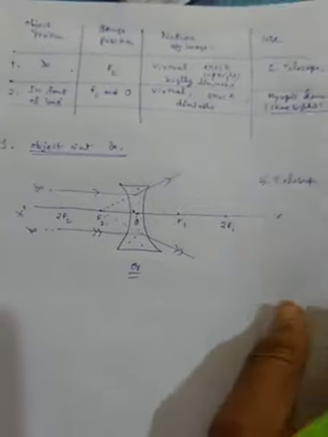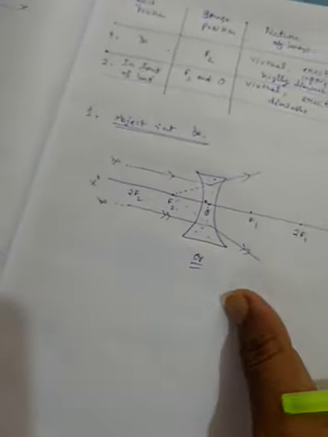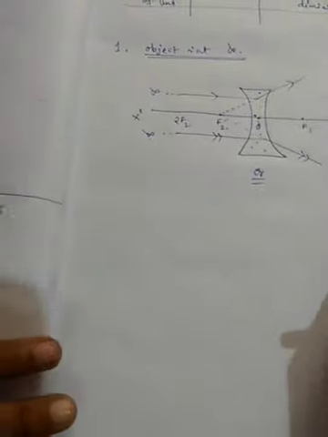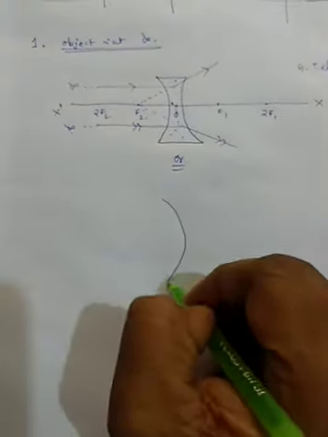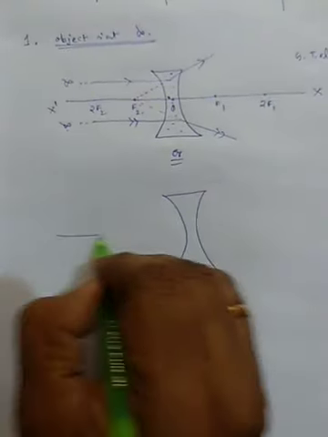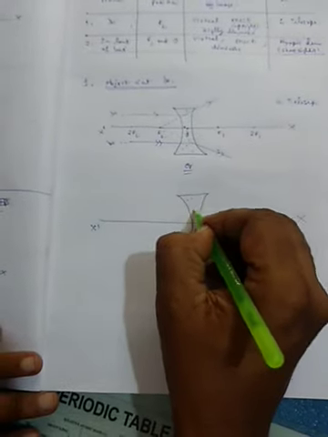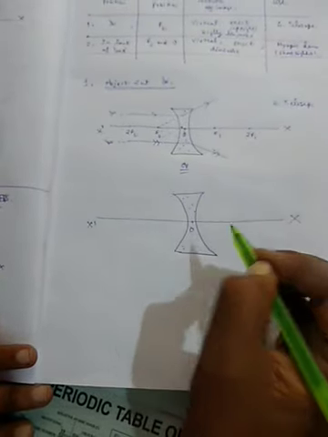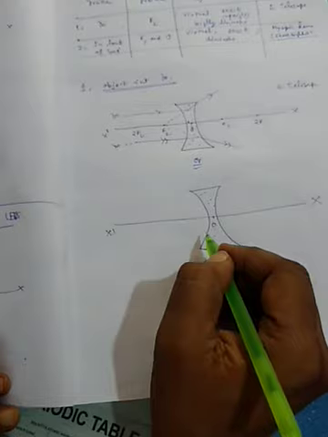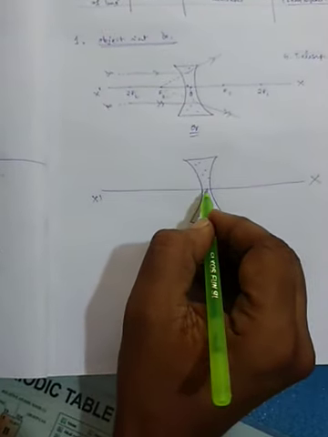Now another diagram for the object at a distance. As in the convex lens, here also we draw the principal axis and the optic center. Now the incident rays are parallel to each other.